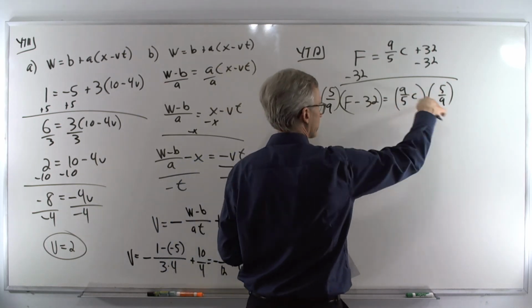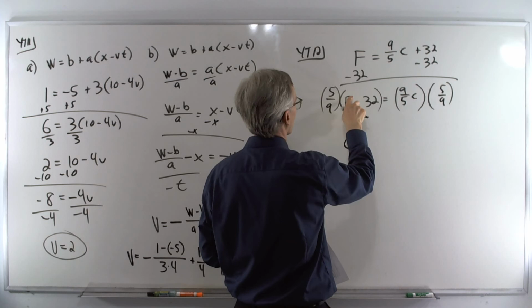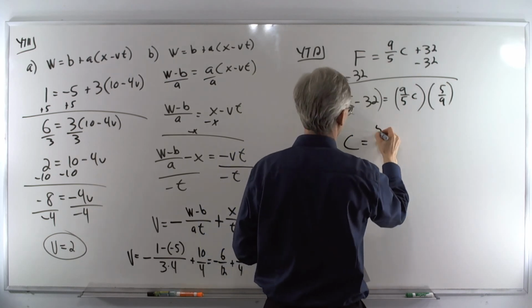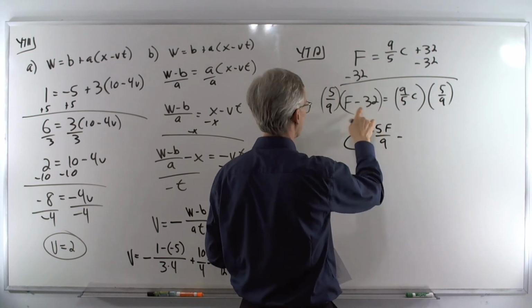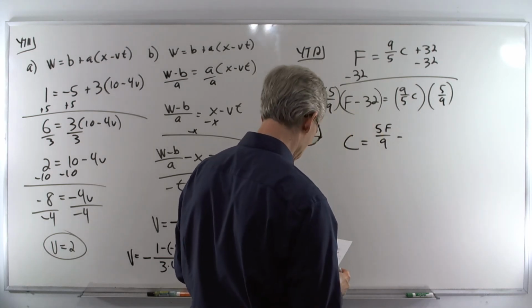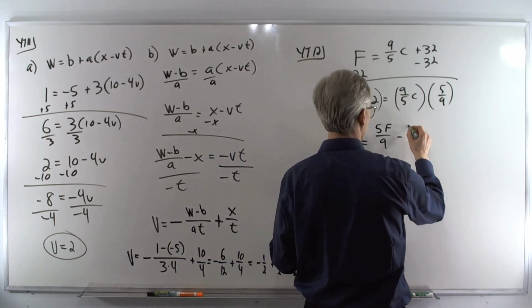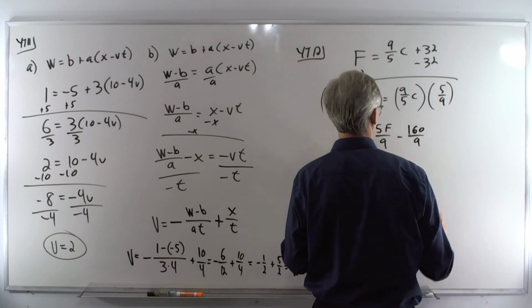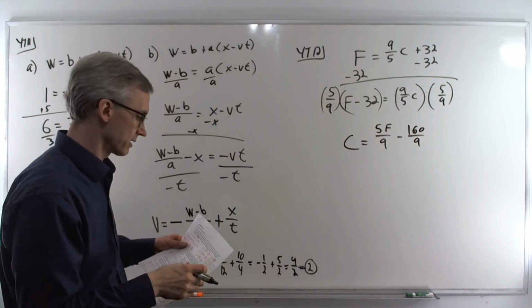Alright, 5's cancel, 9's cancel, leaving just C. So we get C equals 5F over 9, minus, then we'll do 32 times 5/9. That is 160 ninths. And there's the equation we can use to go from Fahrenheit to Celsius.